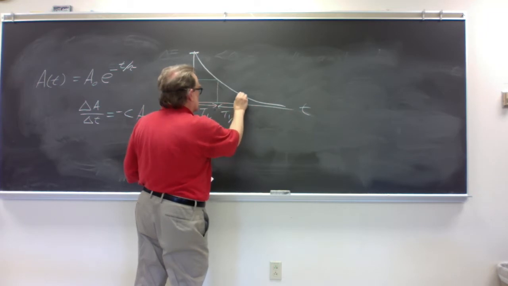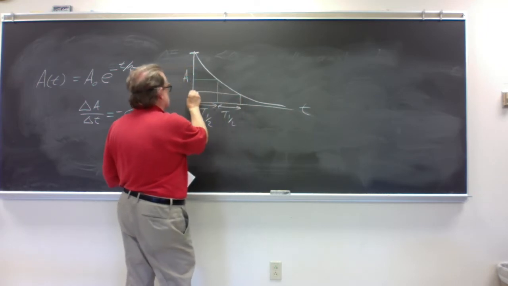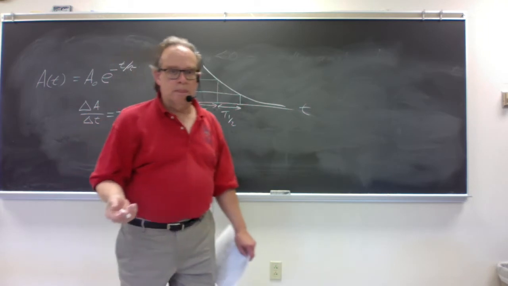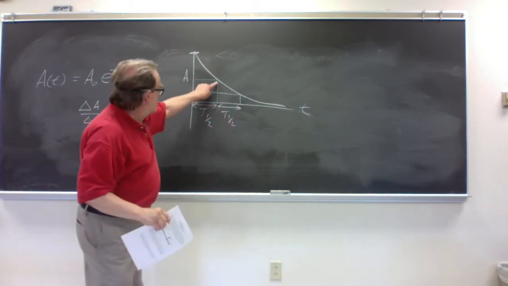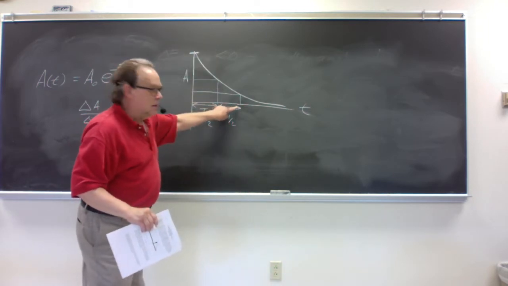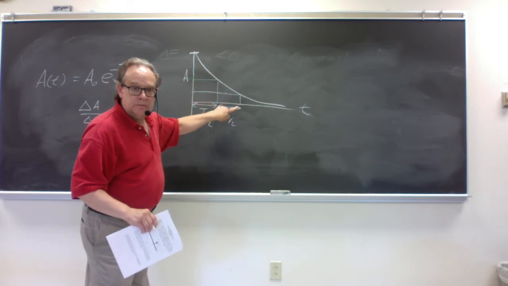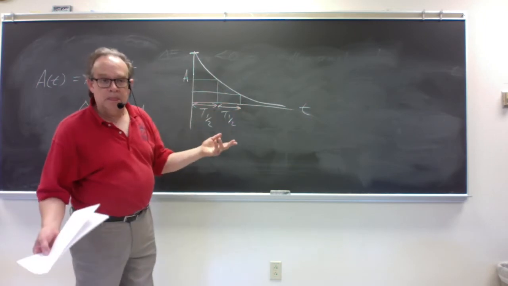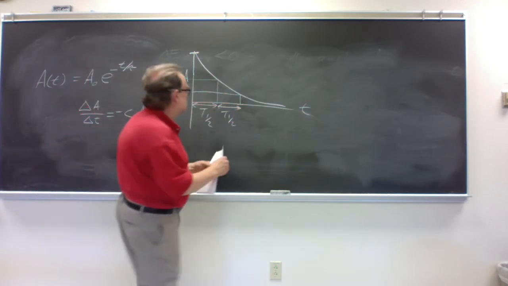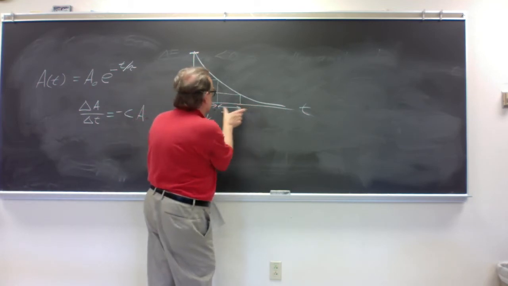So at this time, you've got this much, which is about half of what you had at the beginning of this time interval. And then wait another T1/2, so time from here to here.